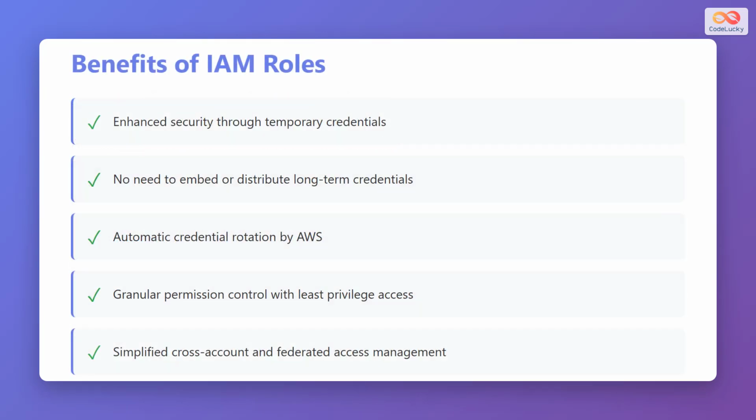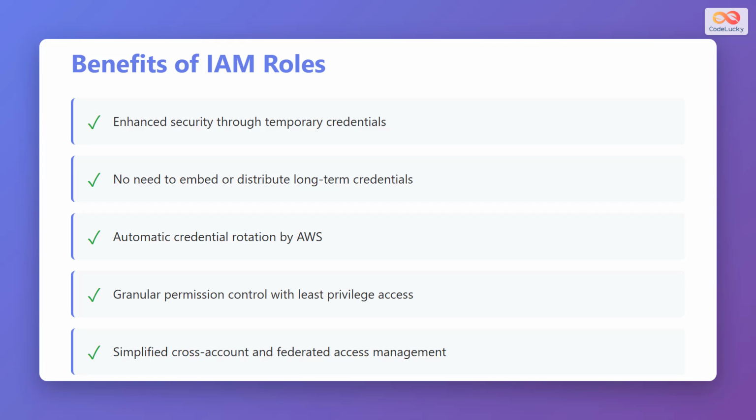IAM roles provide 5 major benefits. First, they enhance security through temporary credentials that expire automatically, reducing the risk of credential theft. Second, there's no need to embed or distribute long-term credentials in your applications or configuration files, which is a common security vulnerability. Third, AWS automatically handles credential rotation, eliminating manual rotation processes and reducing operational overhead.